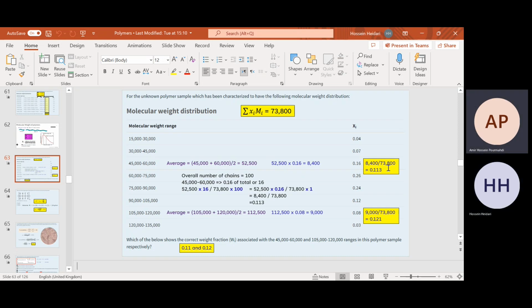Yeah. So why do you divide it by 70,800? So what is your overall weight? Aren't you supposed to divide the subpopulation weight by the overall weight? Okay, but isn't 73,800 the number average?